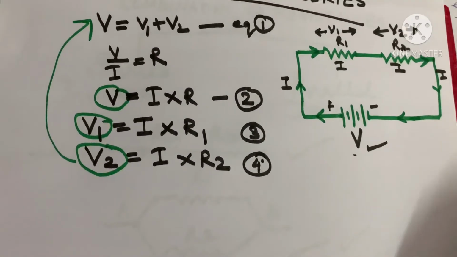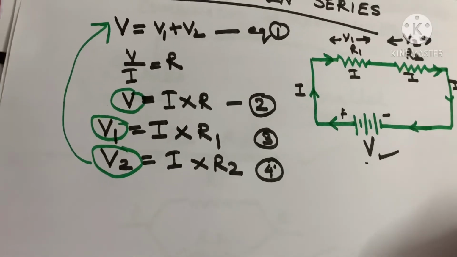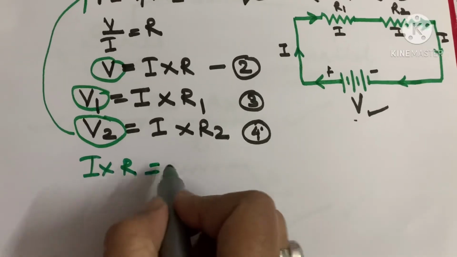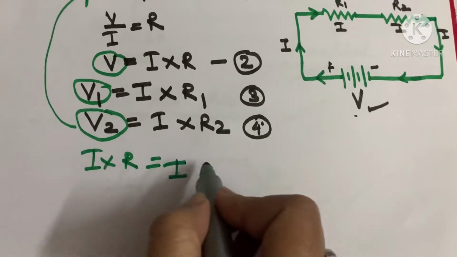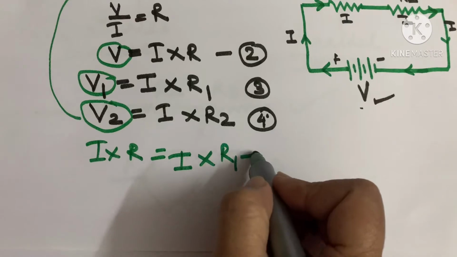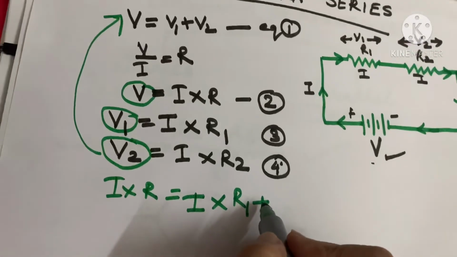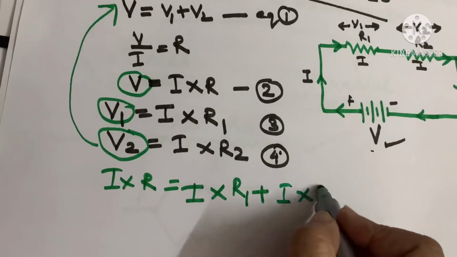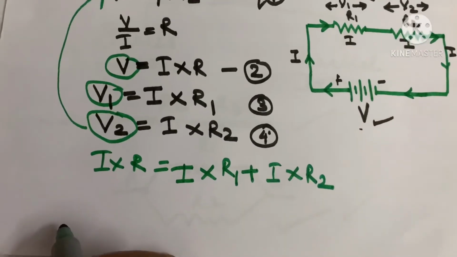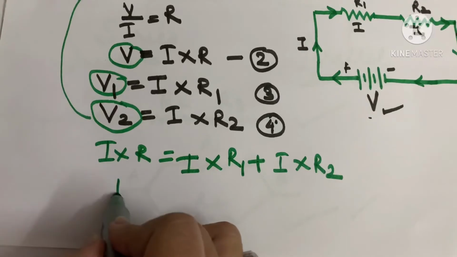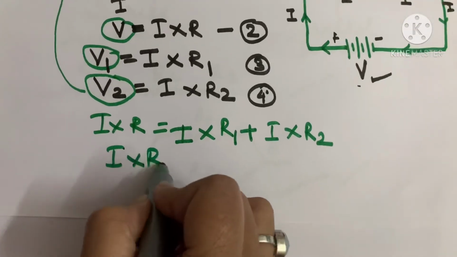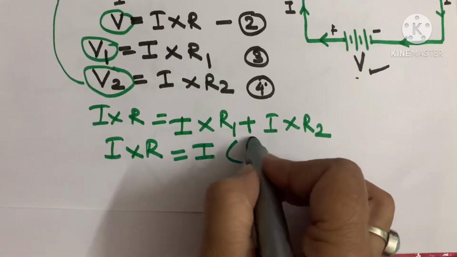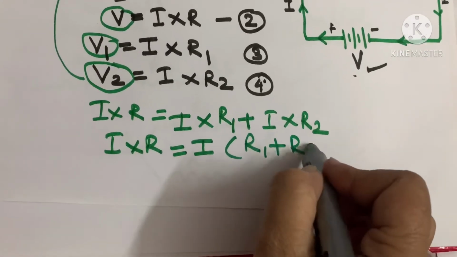Now by putting the values, we will get I into R is equal to I into R1 plus I into R2. Now we'll write in a simple way: I into R is equal to, taking I as common, I into R1 plus R2.